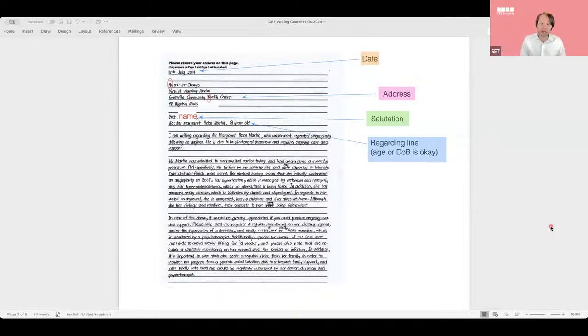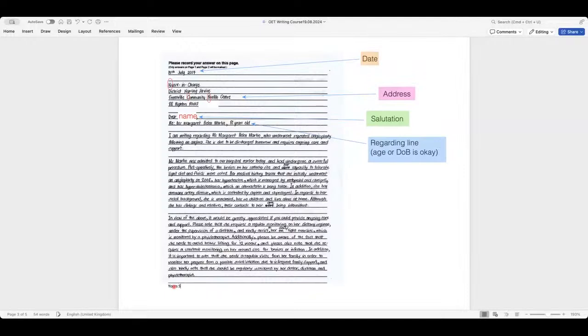Now, what do I say here? Yours sincerely? No. If we know the reader, we can put yours sincerely. If we don't know them, it's yours faithfully. In this letter, we don't know the reader, so it's yours faithfully. So if we don't know them, yours faithfully.